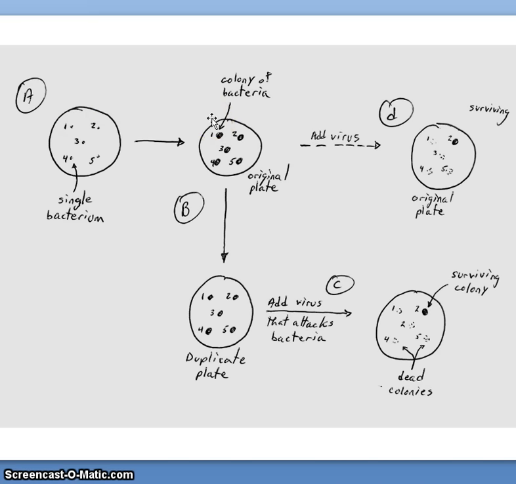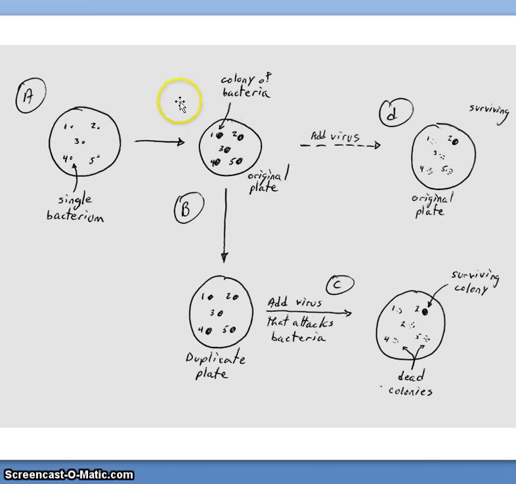However, if during reproduction there's any change, if there's new variation introduced, then there will be some variation in individuals of that colony. But since there are only a few generations to make 1,000,000 individuals, the chances of there being too many new mutations would be small for this little colony.